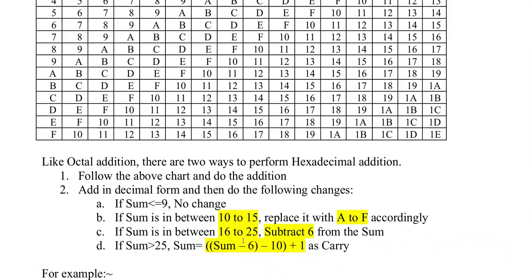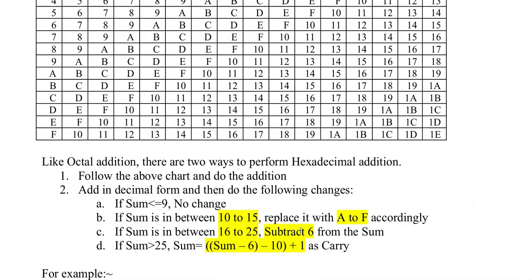Now, if the sum goes beyond 15, that is from 16 to 25, meaning the decimal sum of those two digits of the hexadecimal form comes to 16 to 25, subtract 6 from it. Why subtract 6? Because these 6 are the decimal numbers whose equivalent hexadecimal digits are A to F. So subtract 6 and the rest is your answer.